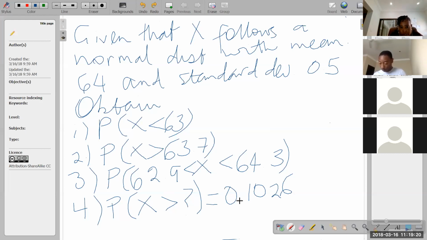So the first one will be 63 minus 64, divided by 0.5, that will give us minus 2.